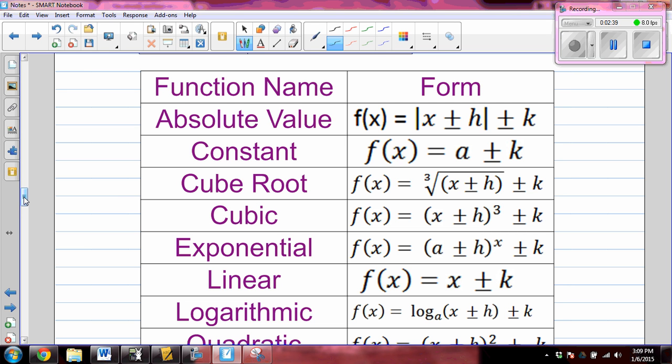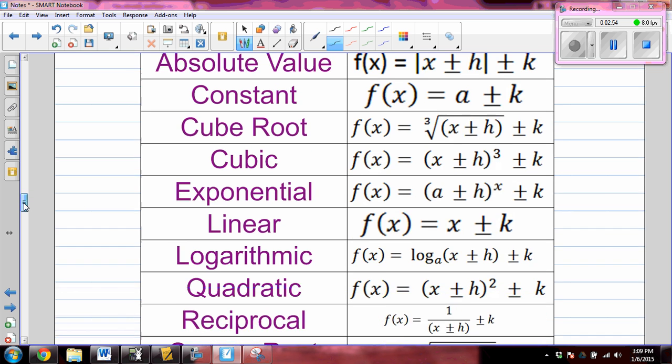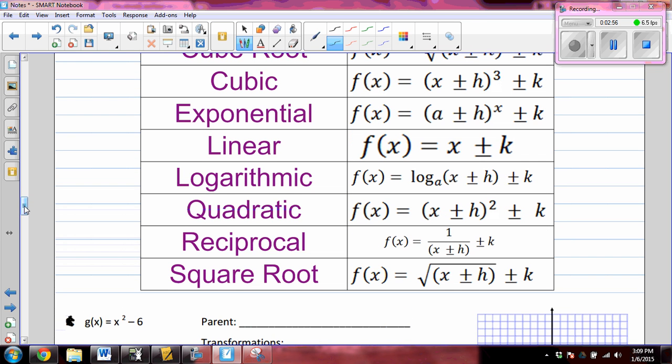Notice in each one of these, the h is always within. The h is under the radical, or the h is included in the parentheses. The h is within, the k is without. So the h goes inside and the k goes outside. Pause the video as necessary to copy all of these down.